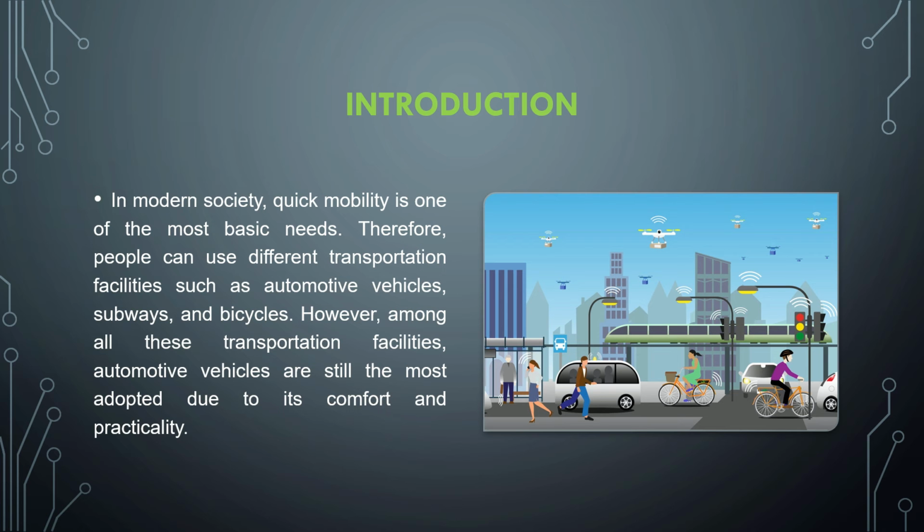So that's pretty much the reason why we're using these sensors. Now, in modern society, quick mobility is one of the most basic needs. That's the reason why people are not using their own vehicles, and they are using subways or scooters, as I mentioned before.